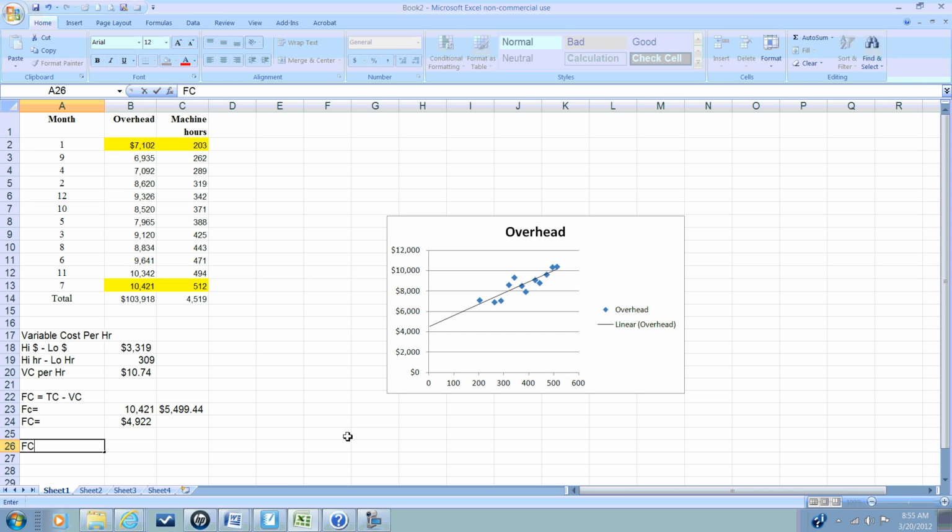So the fixed cost at the low activity will be equal to the total cost of 7,102 minus our machine hours times our variable cost per hour. And again, when we round that down, it will also equal what we calculated at high activity.